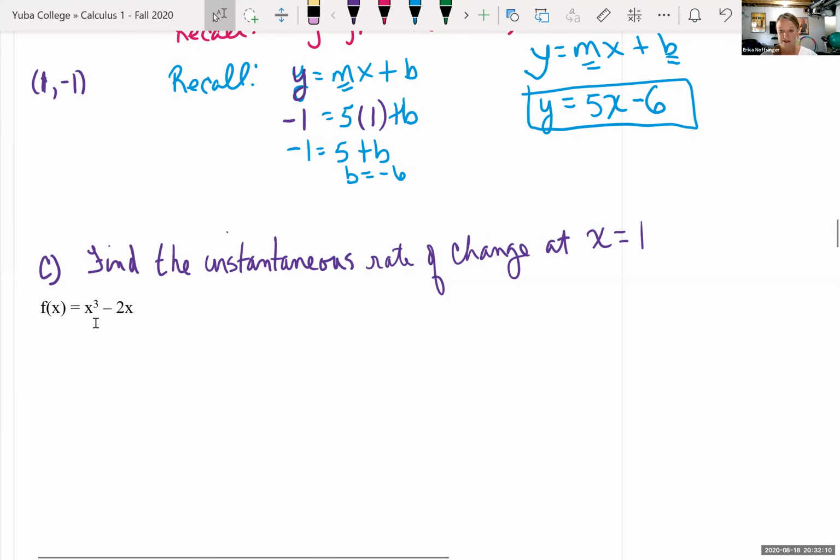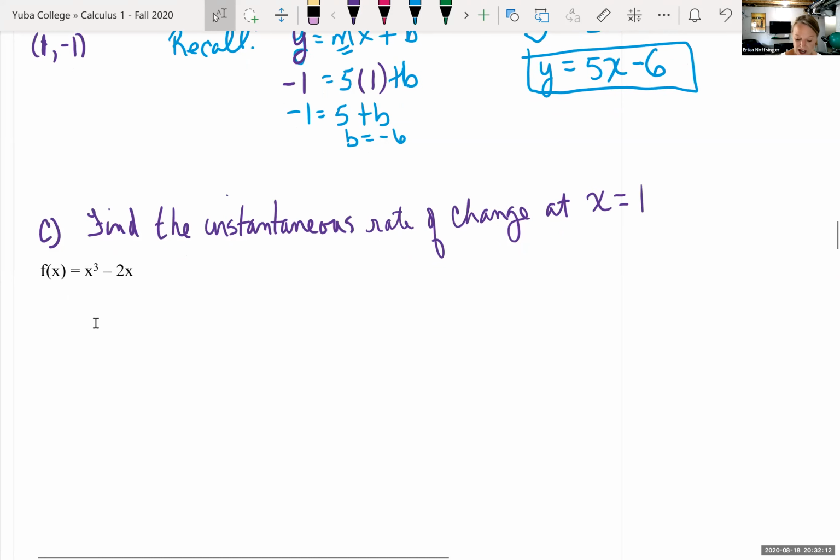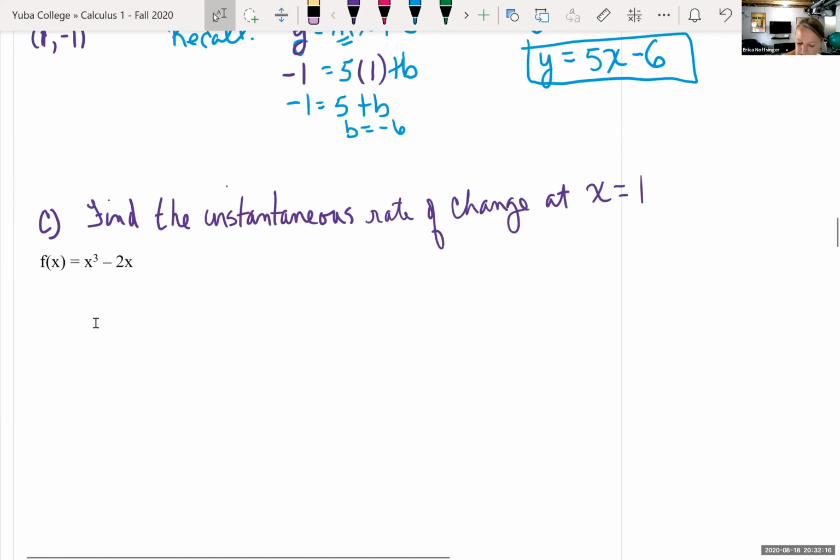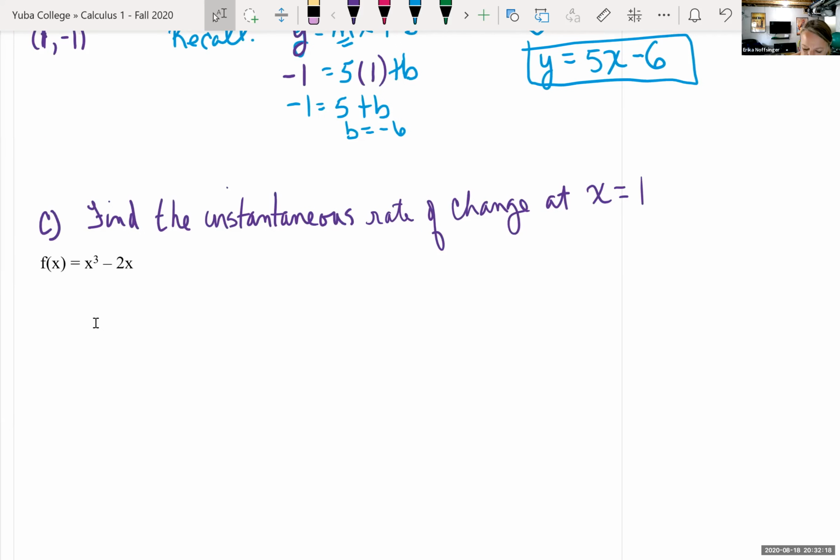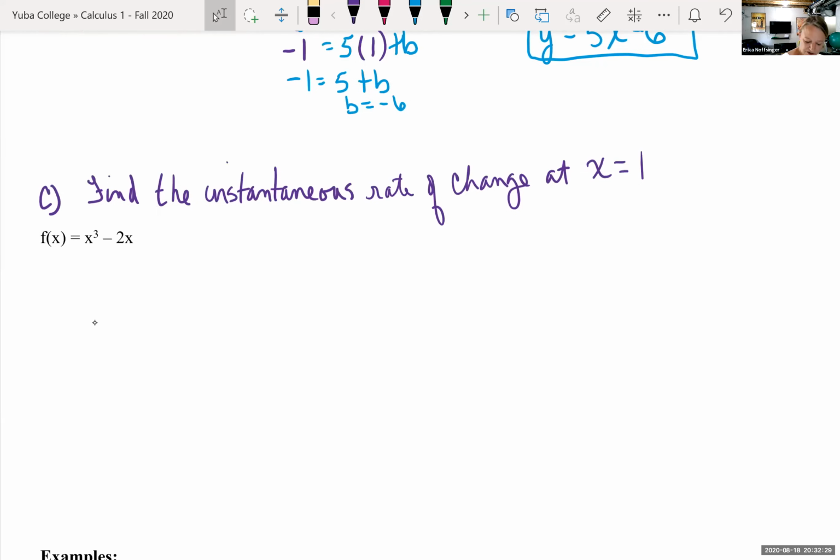Okay, so we found a couple of things. We found that between 1 and 2, our slope was 5. Actually, let's first start by looking at the difference quotient of this.